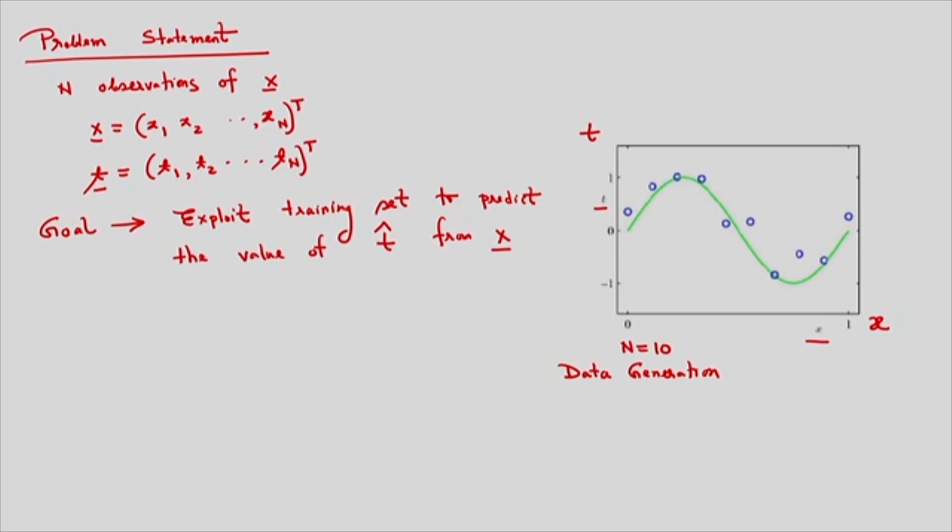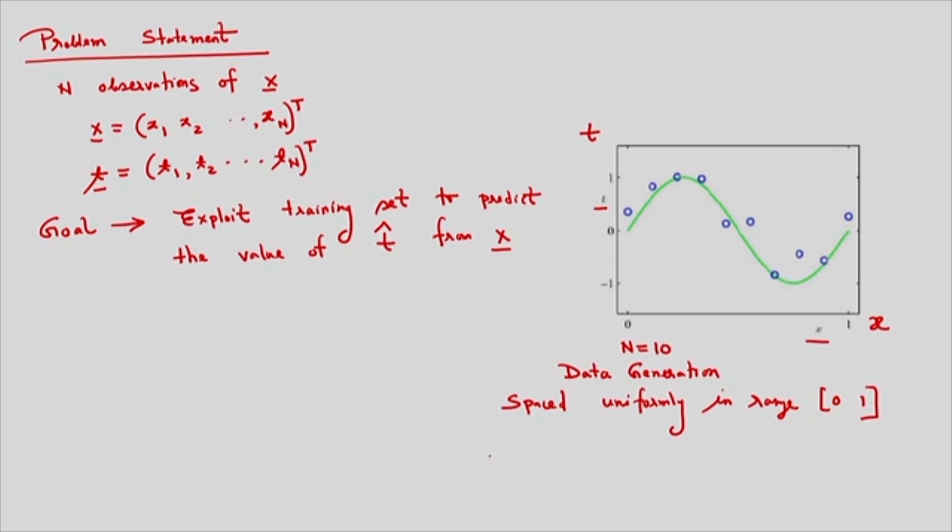This data generation we are considering is spaced uniformly in the range of 0 to 1. So we have all these points, N equal to 10 points for this example.